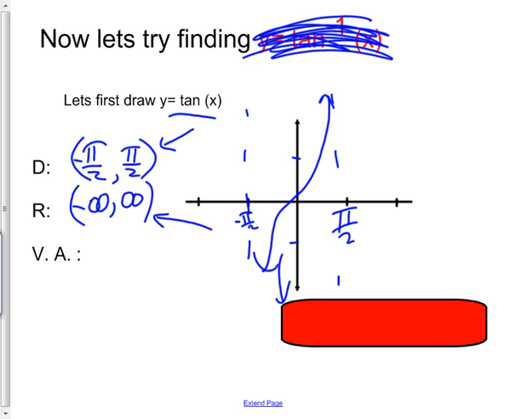Now what would the graph look like? All right, try to picture for a second that we would take this line, y equals x, and we would flip it across that. See if you can see that this green line I draw is flipped across it. See the green line? That's what inverse tangent looks like.